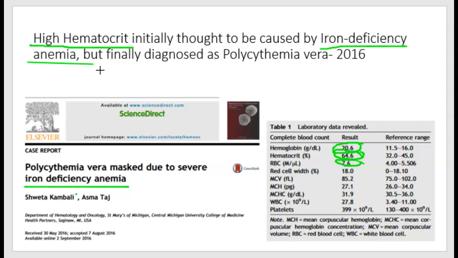But through a series of complicated tests that we don't really need to go through, I don't think, the patient was finally diagnosed with a bone marrow disorder, polycythemia vera. So that's why they say it was masked, because there were some lab tests that turned out similar for both of these disorders, iron deficiency anemia and polycythemia. So that's why it's hard to answer and ask questions about red blood cells.